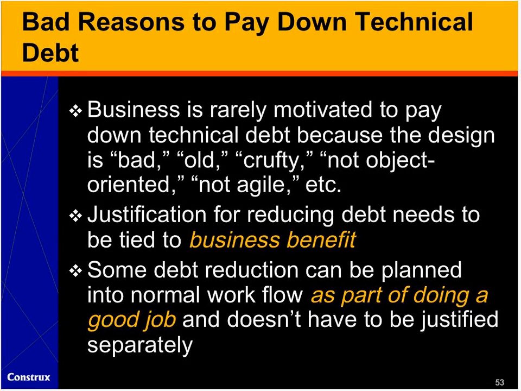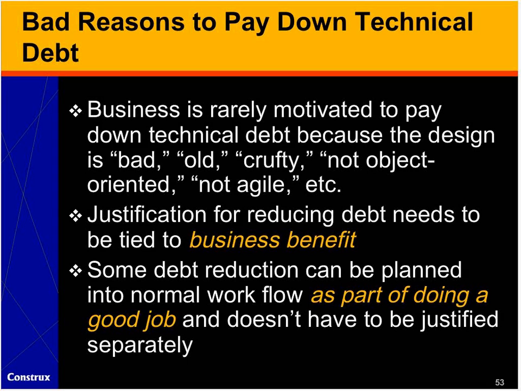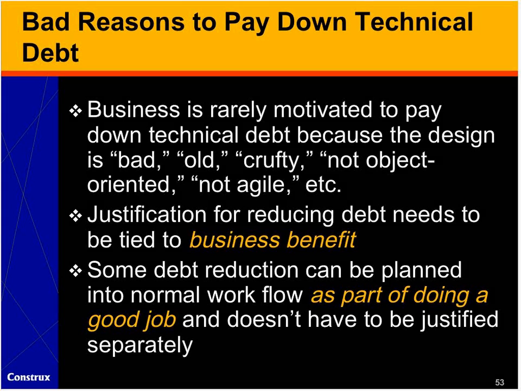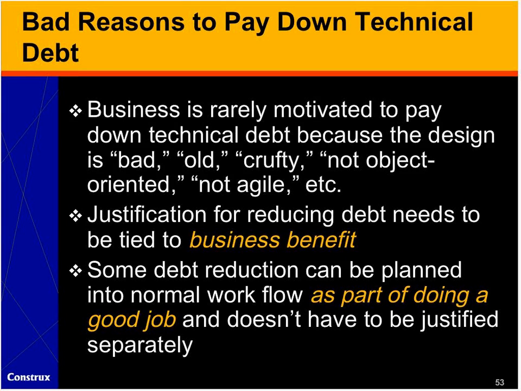We might just say we are going to pay down, let's say, 3 to 5 story points worth of technical debt per iteration. So we just build that into our normal iterative development process and have some fraction of the work, maybe it's 5, 10, 15, 20%, that just goes into paying down debt.